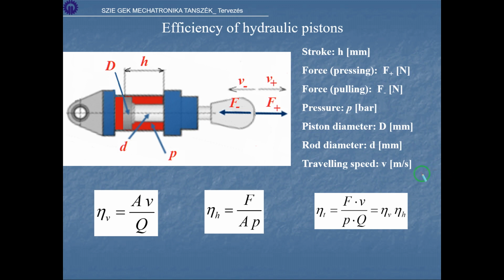Now if we go a bit further, we can discuss the efficiency of hydraulic pistons. The pistons are very alike to pneumatics. Big differences are in the piston rod diameter, because we can utilize much more force with this type of cylinders, so hydraulics.